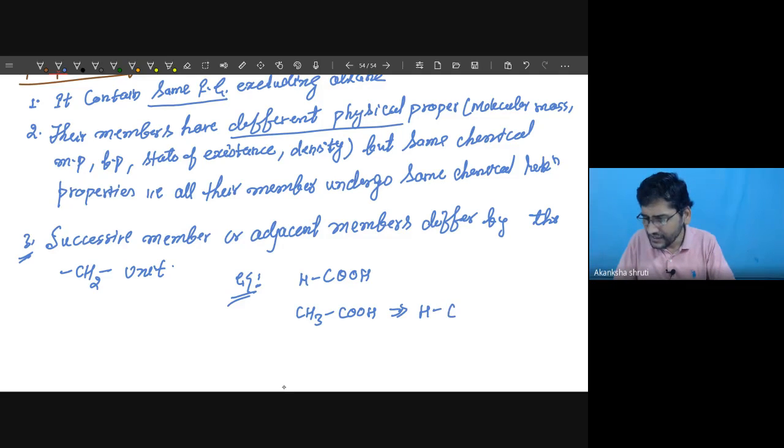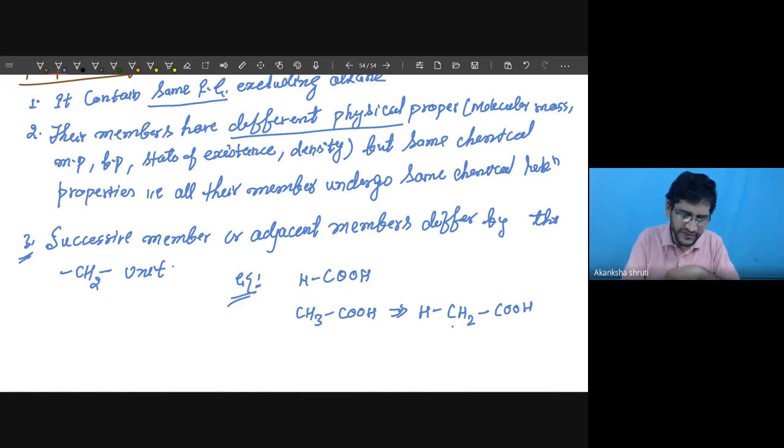H, C, 2H are here, but let me write these two H together after this C, then COOH. This way it becomes visible to you that this is the first member of carboxylic acid, this is the second member, and it differs by only this much amount.